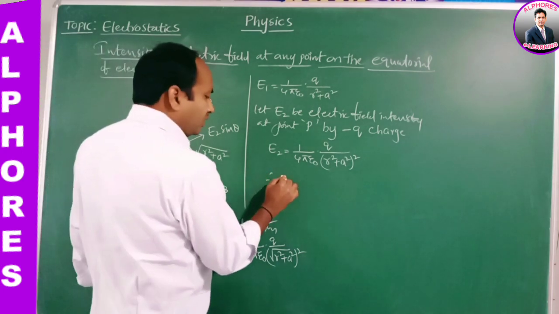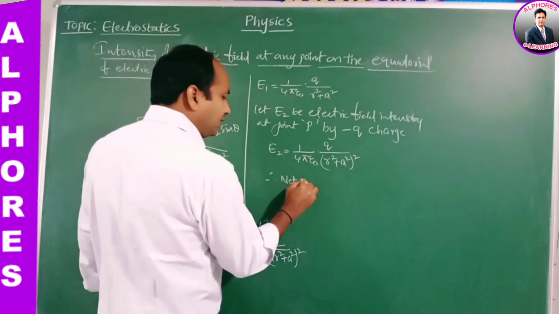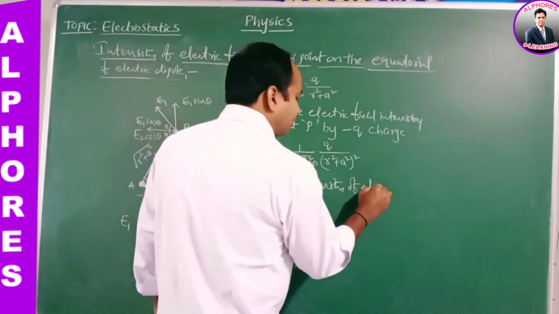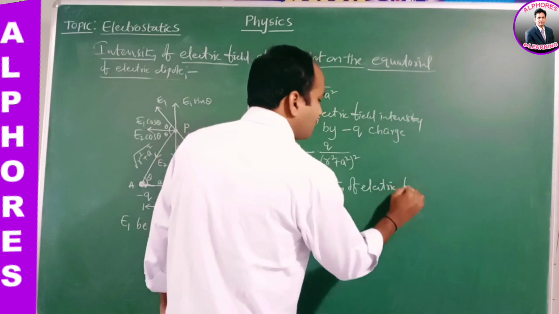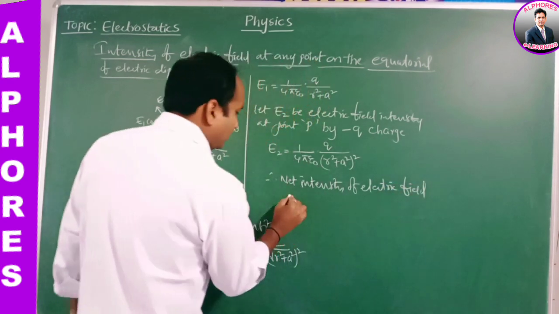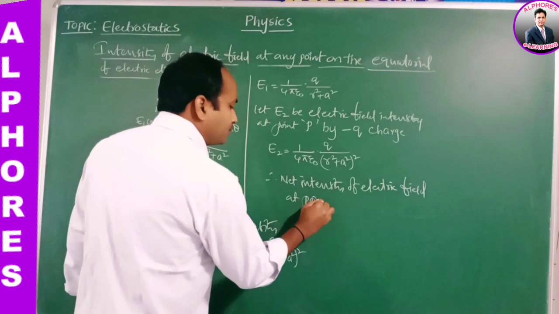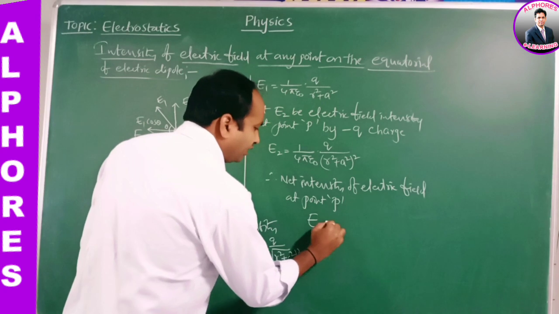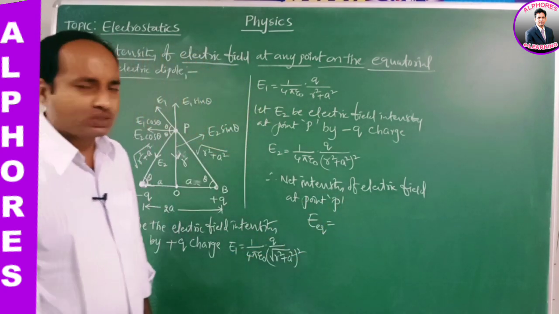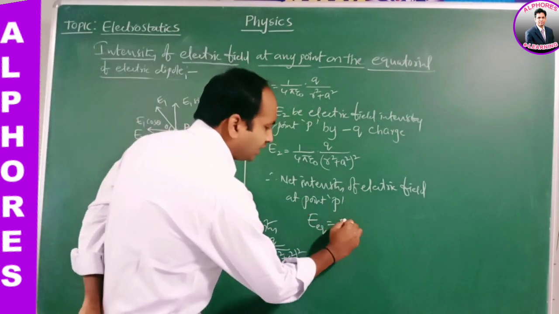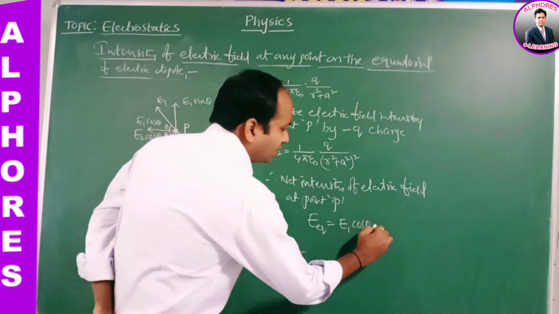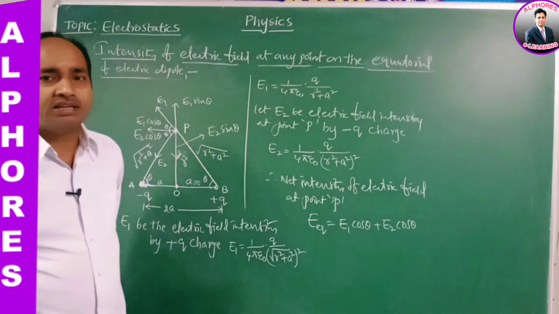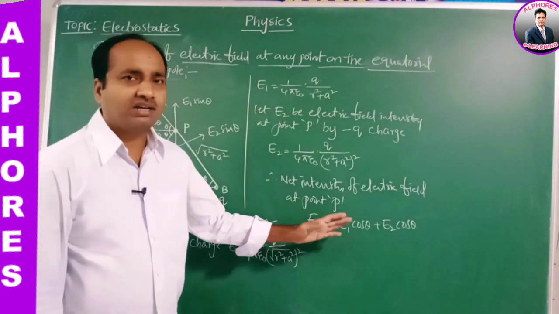Therefore, the net intensity of electric field at point P, the intensity of electric field on the equatorial line, is equal to the sum of the horizontal components, that is, we may write E1 cos theta plus E2 cos theta. Only the sum of the horizontal components, because the vertical components are cancelled.